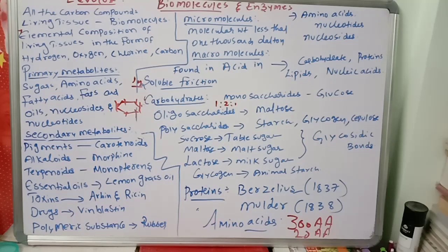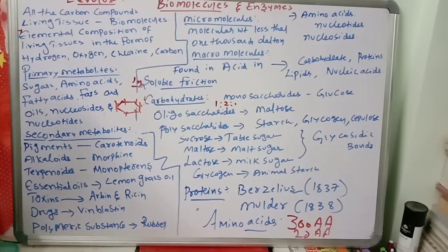So in our body, what are examples of proteins? Hormones are proteins. Next, enzymes are proteins. Next, antibodies, immunoglobulins are proteins. Like that, different proteins perform different functions in our body. Amino acids are joined together by which bond?